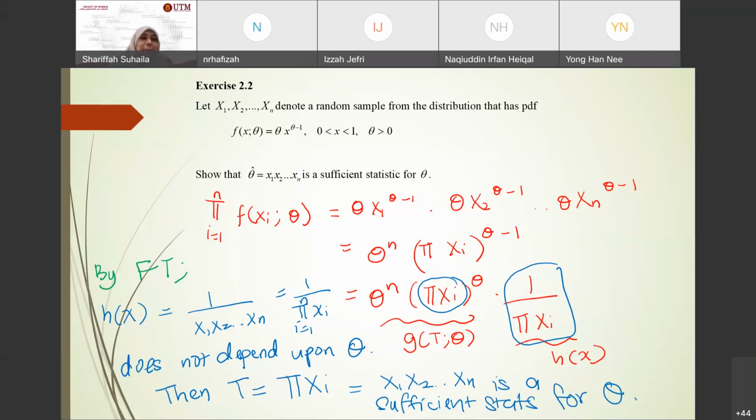The previous one used the definition method. With the definition method, we build up the conditional probability. But when we build it up, you need to know the PDF of your sufficient statistic. For distributions like the Bernoulli, binomial or Poisson, it is okay.